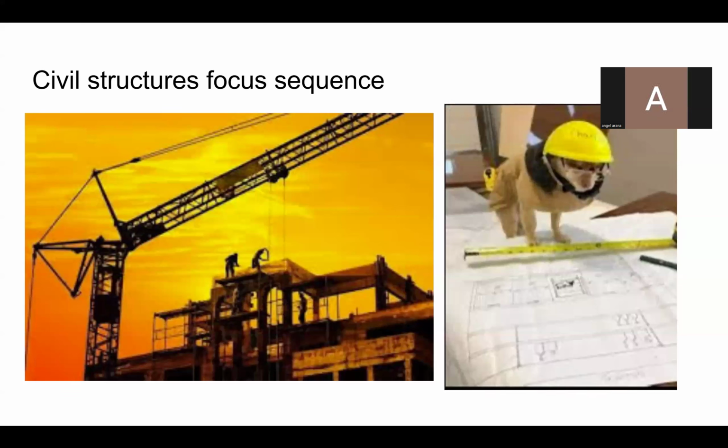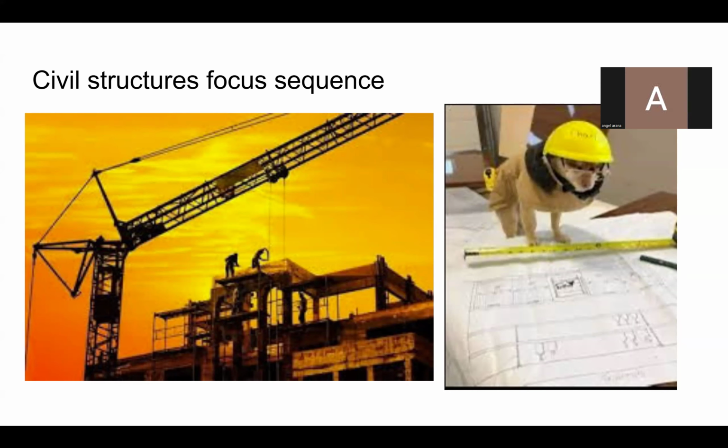Starting with civil structures. This is one of the most central parts of structural engineering, since most of its infrastructure includes things that are directly tied to everyday people's lives. This includes buildings, bridges, stadiums, towers, and other things that people use every day.